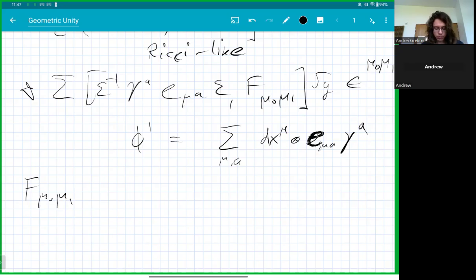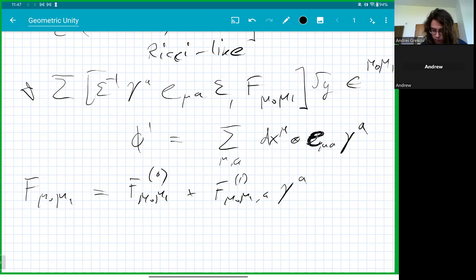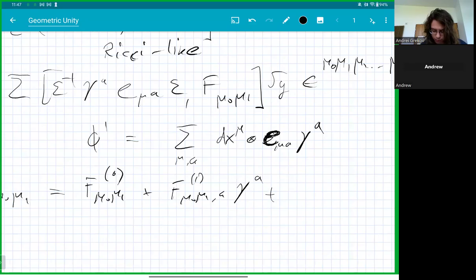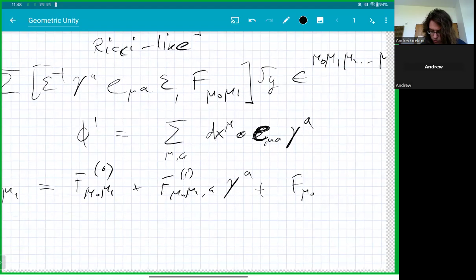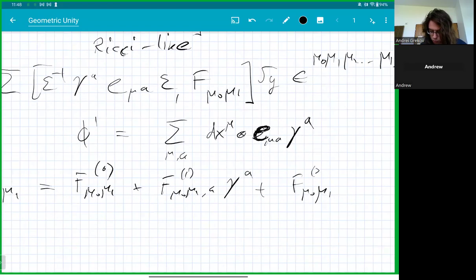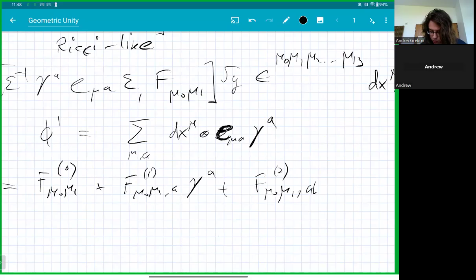It also will have potentially all sorts of terms, like it starts like this: f mu 0 mu 1 0, and then f mu 0 mu 1 1 a gamma a, plus f mu 0 mu 1 2 ab gamma b, plus and so on.